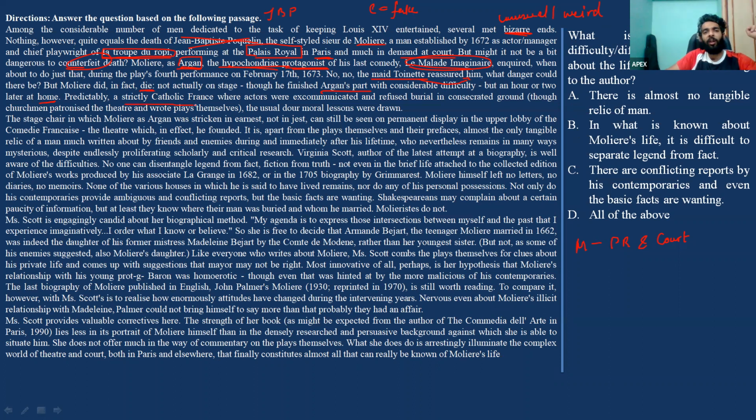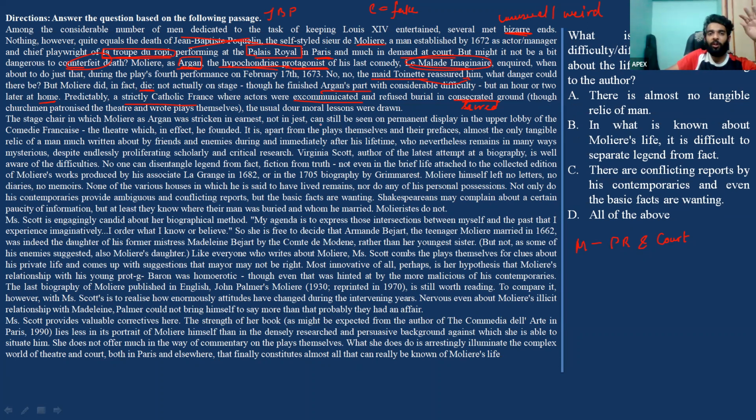Okay, predictably, a strict Catholic France where actors were excommunicated. Excommunicated is suspended. Okay, so excommunication is suspension of people, or refused burial in a consecrated, consecrated is sacred, so this is sacred, ground. So the churchmen patronized the theater and wrote plays themselves.